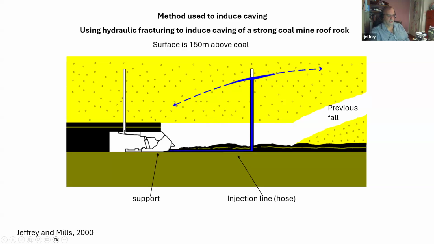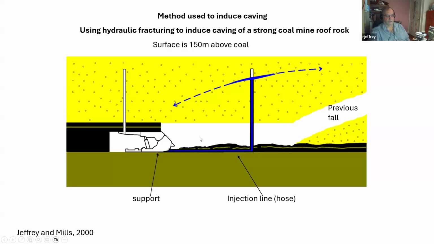So they could drill holes when the face was located as shown here, drill vertical holes up to about 8 to 10 meters into the roof, then install an injection pipe into that with a void at the top, and connect a high pressure hose to that injection pipe. And then as they mined the next 40 meters, they would trail the hydraulic hose through the supports into the void behind.